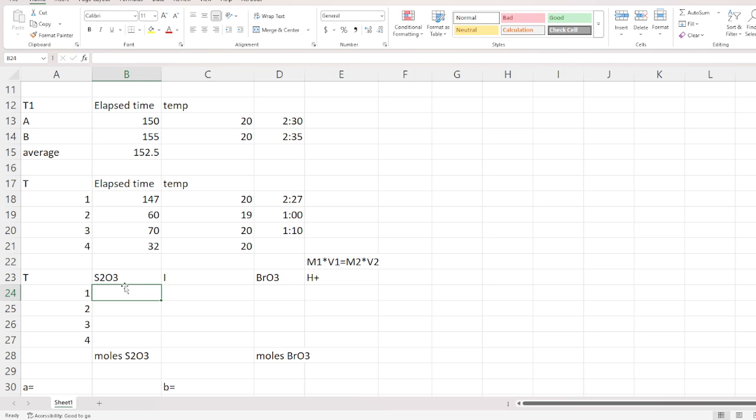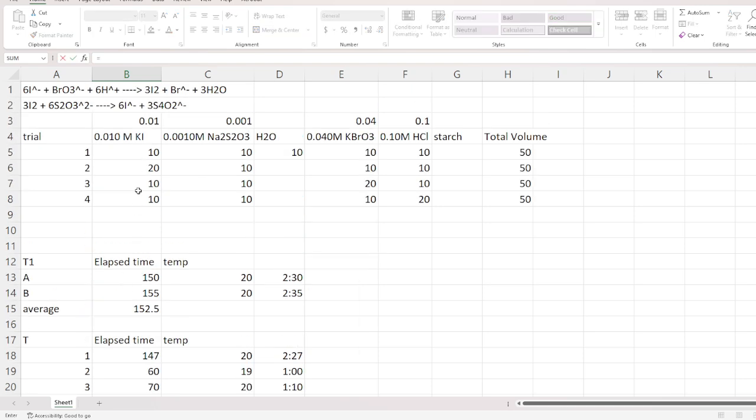The V1, which may change, is the volume we mixed in. The V2 is our total volume, so we're putting in this box our M2. So equals, and I'm going to highlight this one, and I'm going to multiply by, so asterisk, this one, and I'm going to divide by this one.